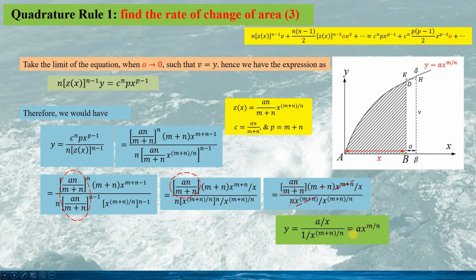This will give an expression for y simply as this. Hence, we finish the proof of quadrature rule number 1. From the expression of the area under the curve z(x) here, we can derive that the curve would be given as this.